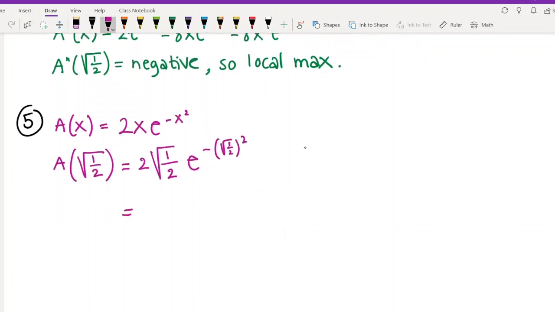We can write this square root of 1/2 a slightly nicer way. We can rewrite this as 2 times 1 over root 2, because square root of 1 over square root of 2 is the same as square root of 1/2, and square root of 1 is just 1. And then we have e to the, and if you take the square root of 1/2 and square it, that just becomes negative 1/2.